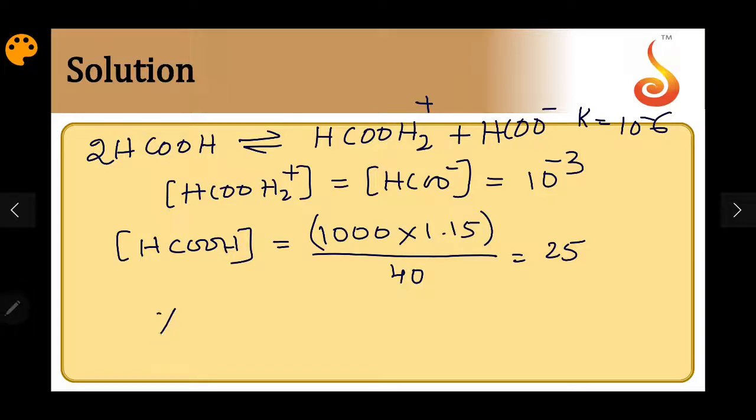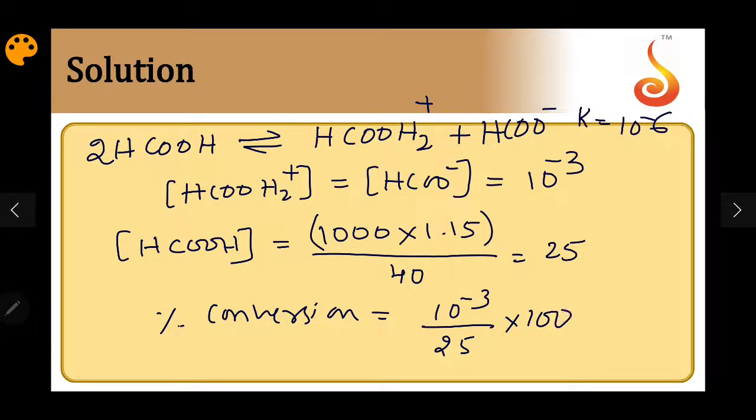So percentage conversion is equal to 10 power minus 3 divided by 25 into 100. If you calculate, it becomes 0.004%. 25 into 4, this is going to be 4 into 10 power minus 3, which is 0.004%.